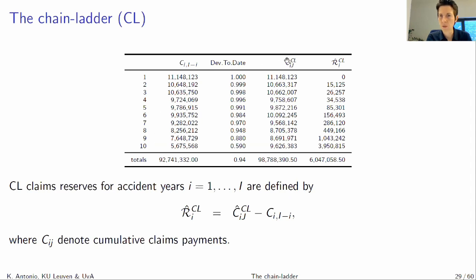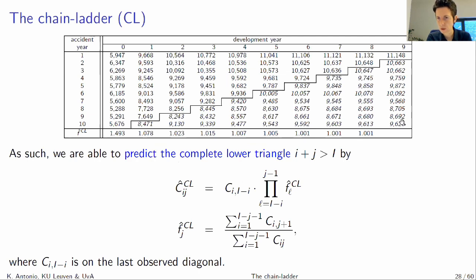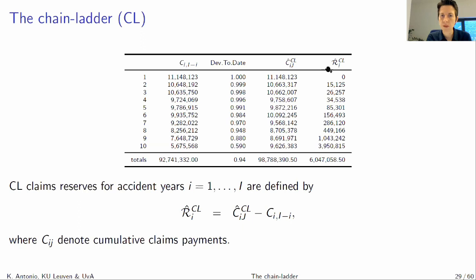If I then look at the column over here, this is ultimately what my chain ladder would predict or estimate. So these are the numbers that correspond to the final column over here. And then if I make the difference between this cell and what I observed so far, I get the outstanding reserve amount. And what is then this ratio over here, the development to date? That would be the ratio between what I observed so far and what I expect to be paid in the end.